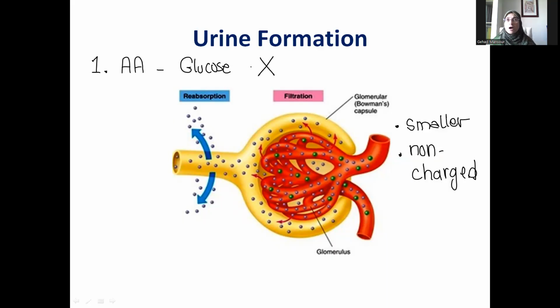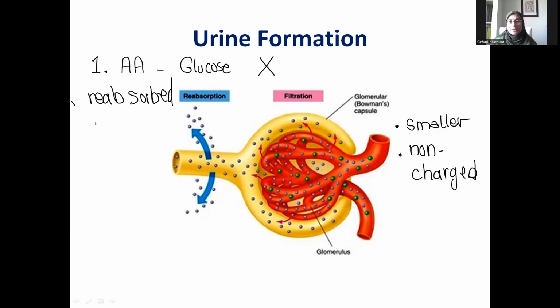However, they are not normally present in urine. If they are present in urine, then this is something abnormal. Why aren't they normally present in urine? Because they are completely reabsorbed, or 100% reabsorbed and returned to the blood.